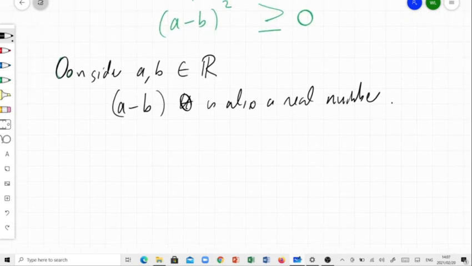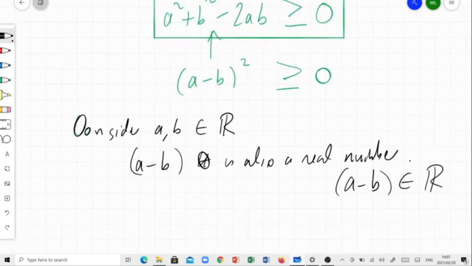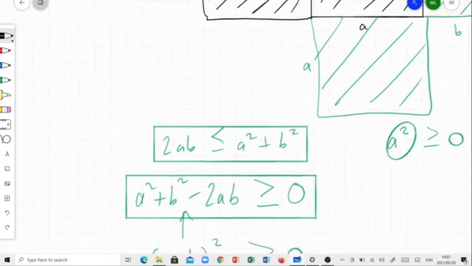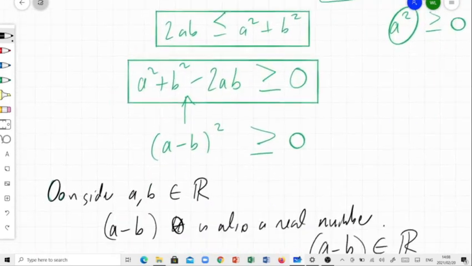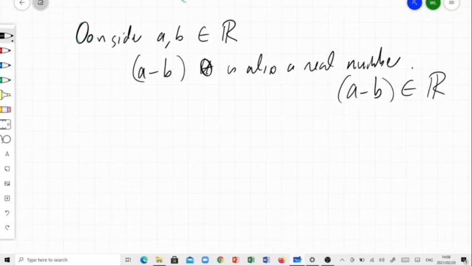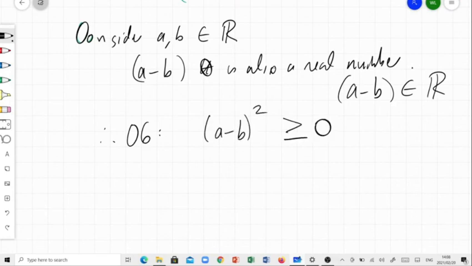In other words, another way to write it is a minus b is a real number. Now I know by commandment 6, which is the non-zero square law, that if I square any real number, that square must therefore be positive.